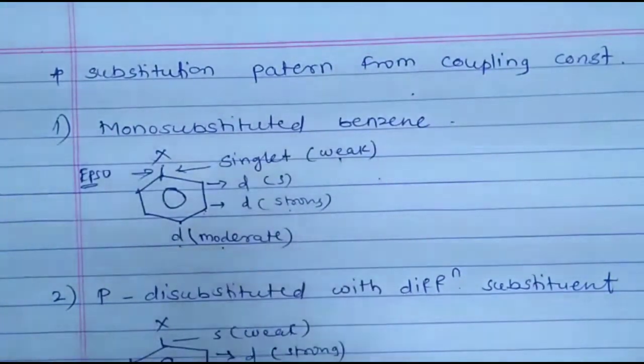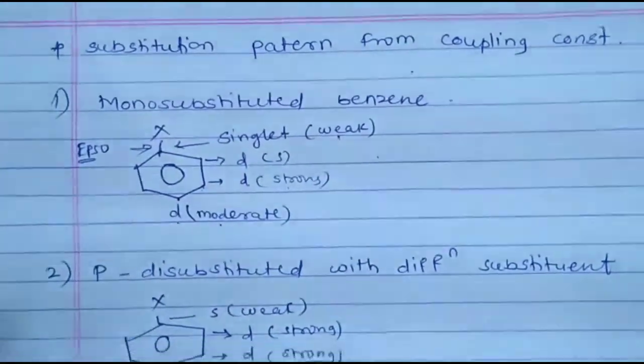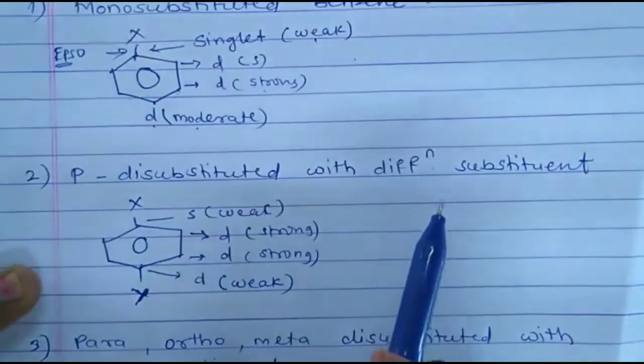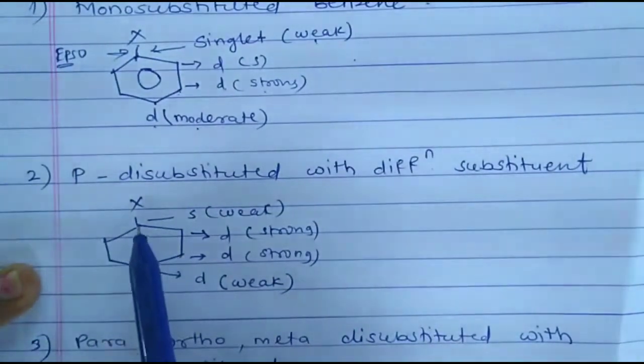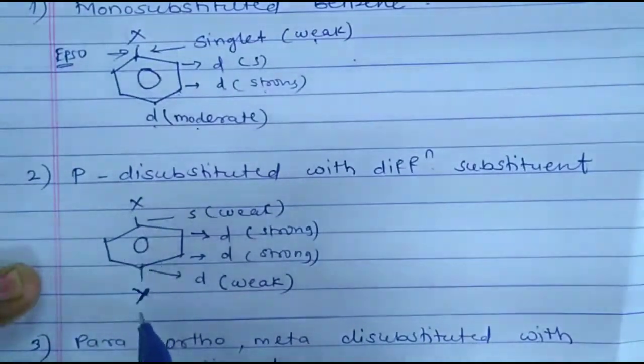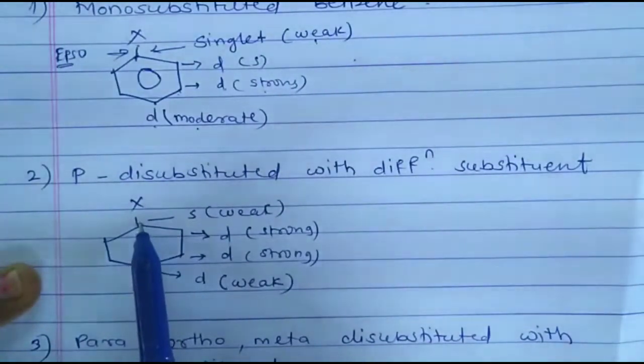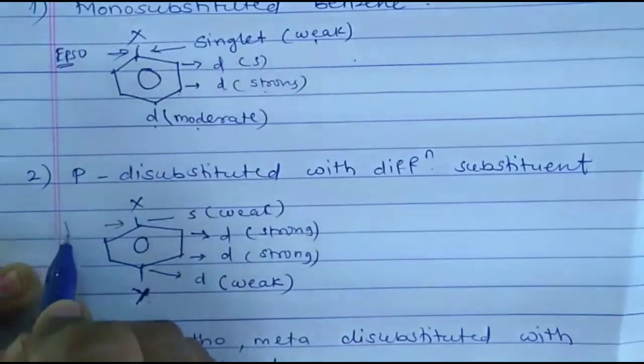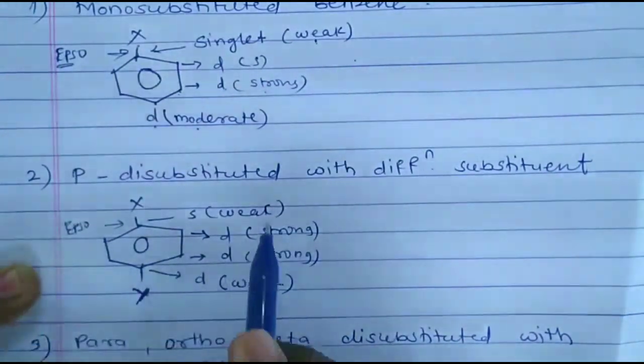Next, if there is a para substituted benzene with two different substituents attached at the para positions, what happens? Here this ipso carbon is a weak carbon.